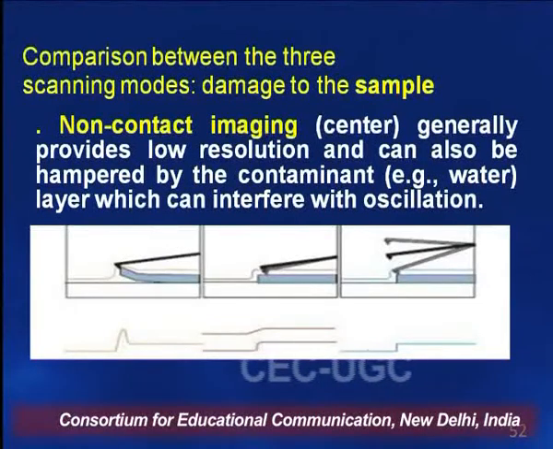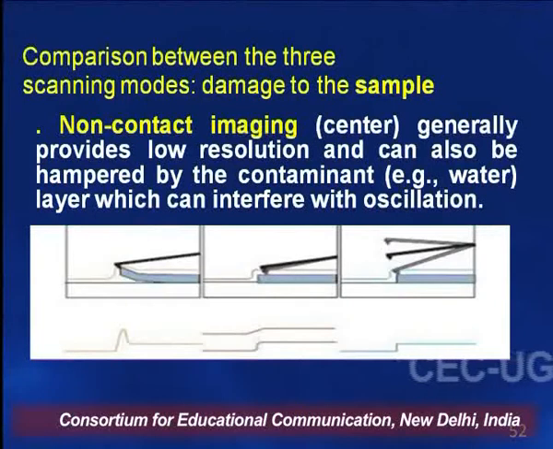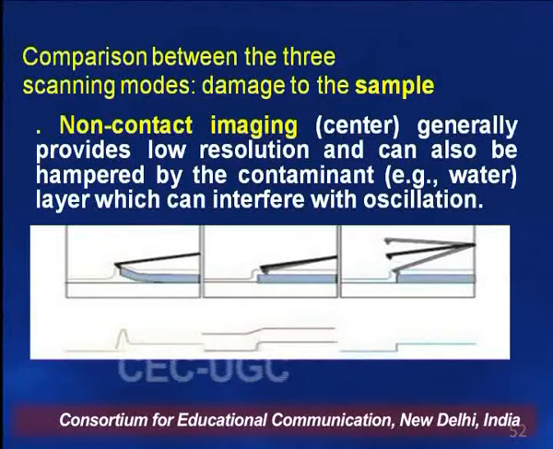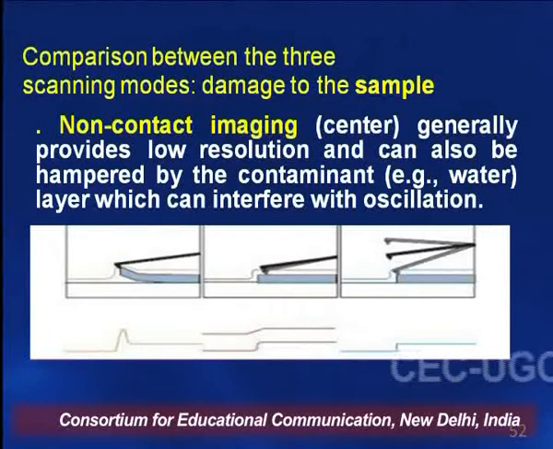Next, here we see at the point of damage of the sample, the middle one, the central diagram, is a non-contact imaging. Generally it provides low resolution and can also be hampered by contaminants, like water and others if it is not in a vacuum. Other sources also can damage the surface, and a layer can interfere with the oscillations.